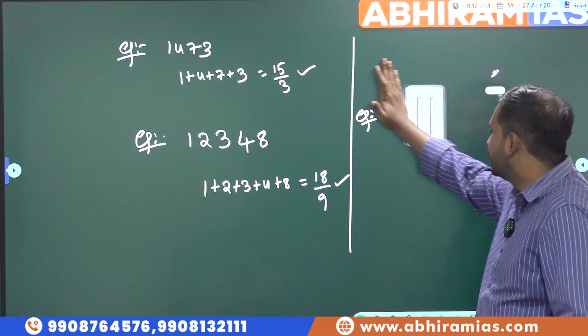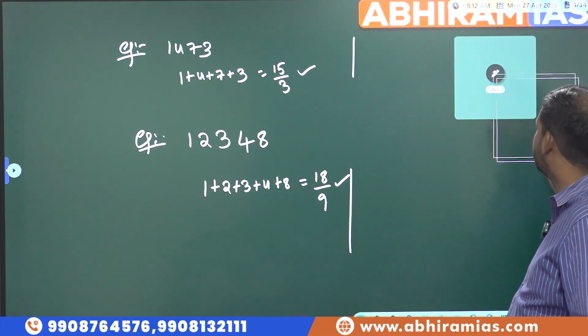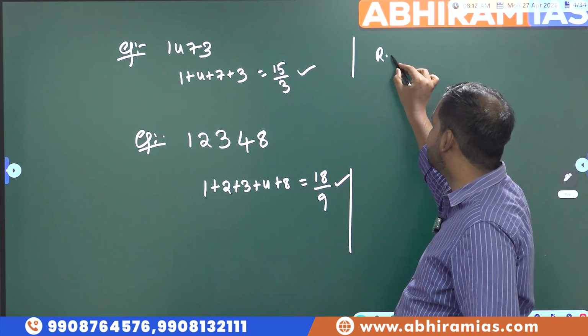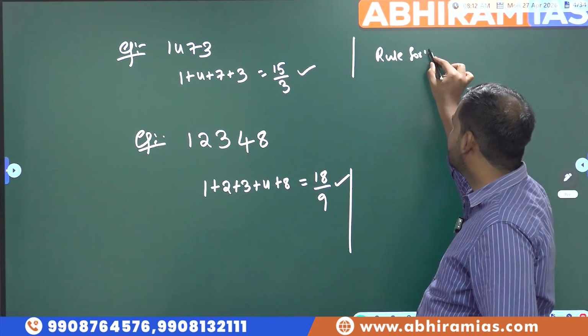And next, 11. This one is important, students. First of all, write down; I will explain what it is later. Rule for 11.